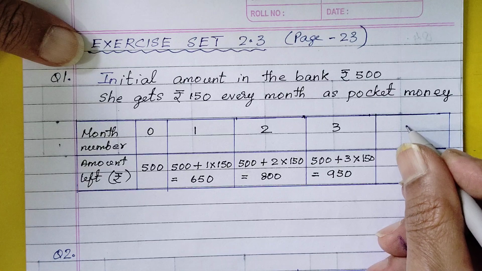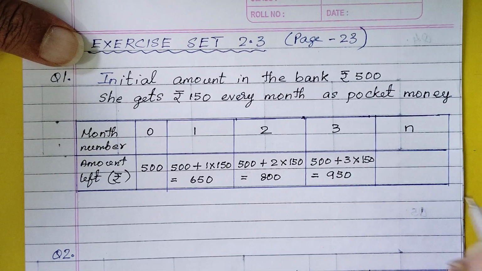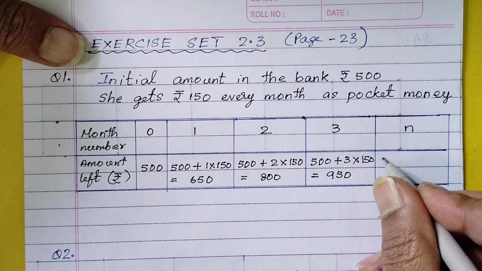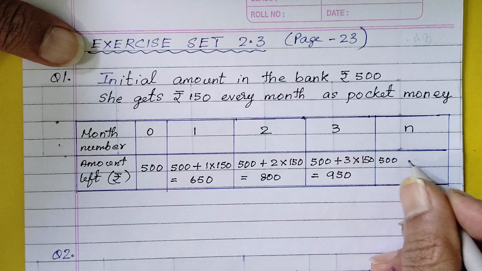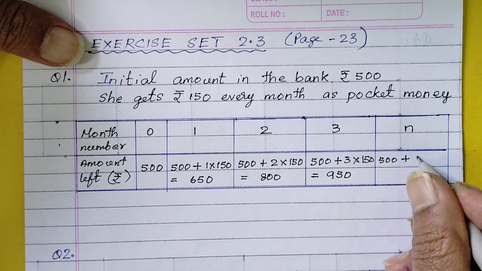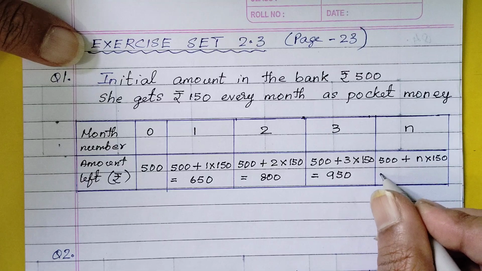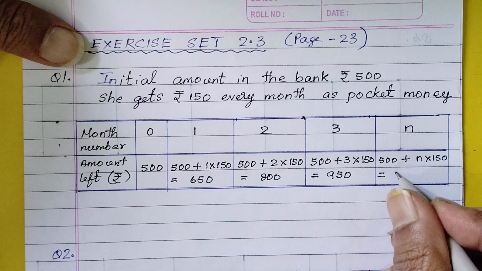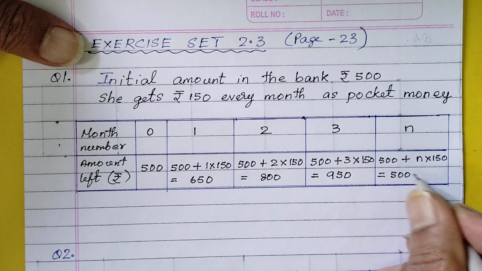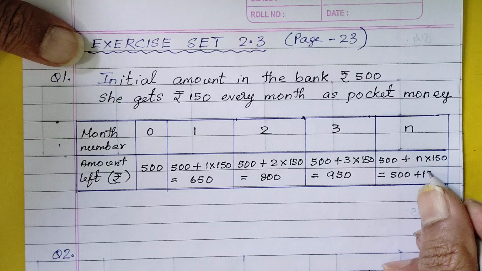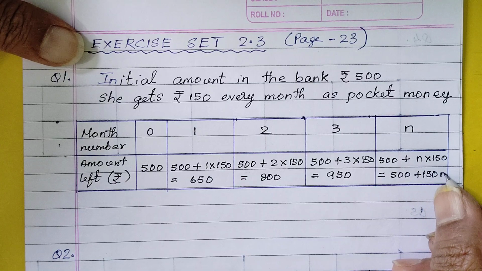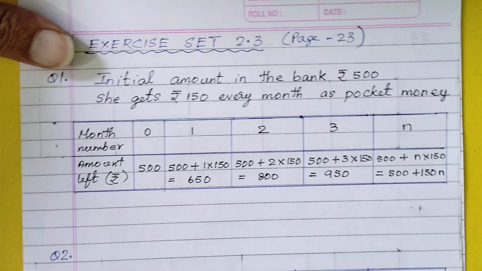So at the end of n months, the amount left in the account will be 500 plus n into 150, that is 500 plus 150n.